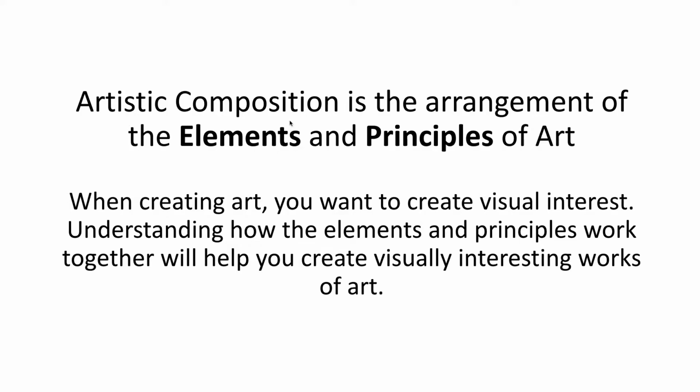As an artist, you're always trying to have something that draws in the viewer, whether that has to do purely with the subject matter, or if it's an abstract, it has to do with the way things are arranged, the way shapes and forms and colors are arranged. That's going to create visual interest.